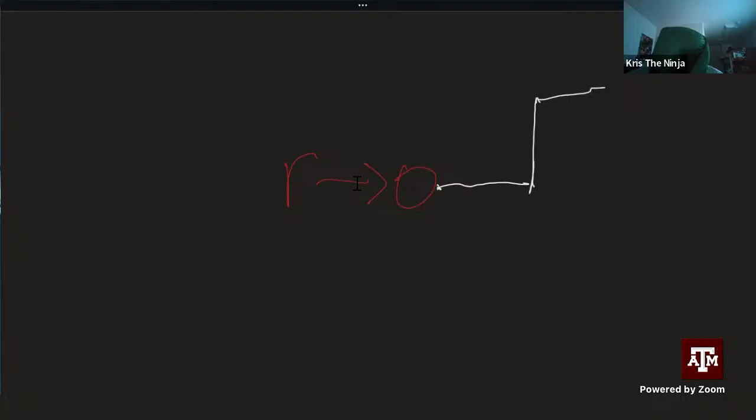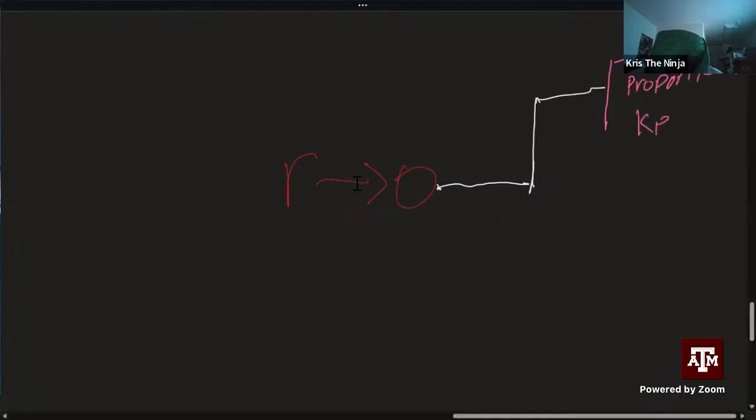We'll have our proportional in pink. We'll have our ice blue for integral.